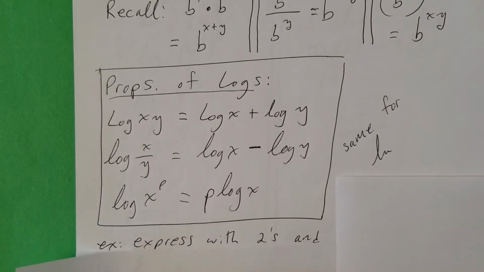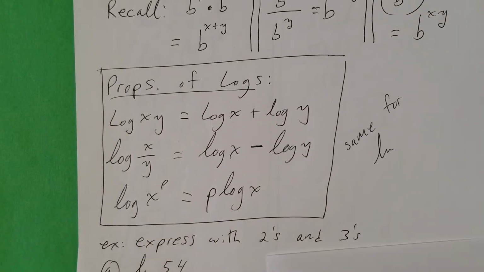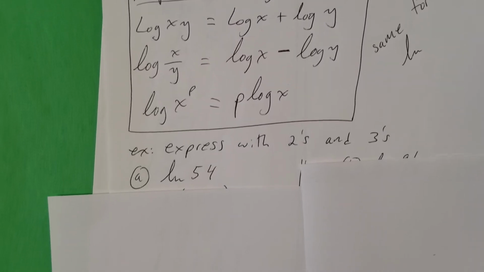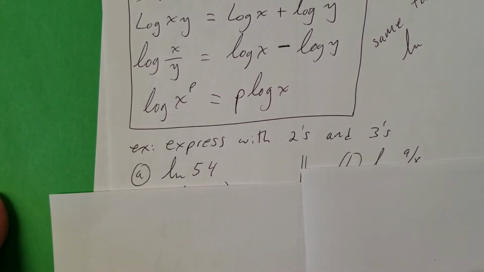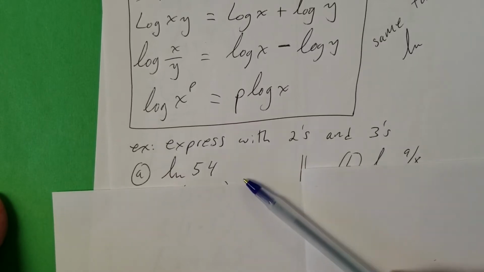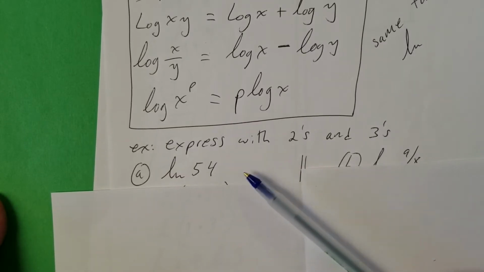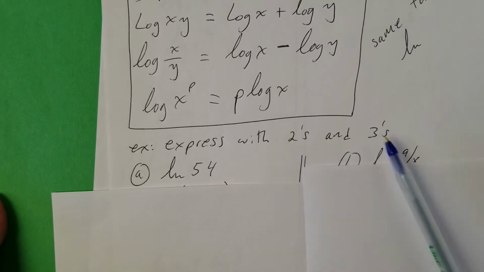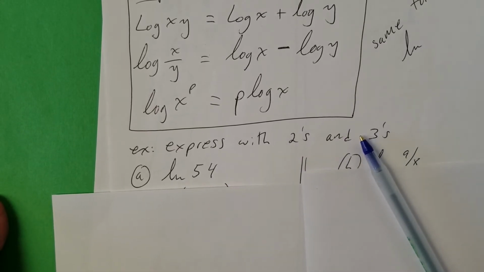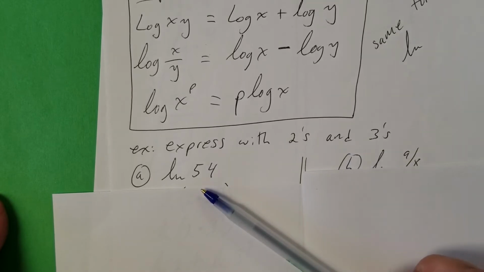Okay, so let's look at some examples. One way to ask questions that force you to use the properties is to express a given number with prime numbers, 2s and 3s. So express ln of 54 with just 2s and 3s. What does that mean?